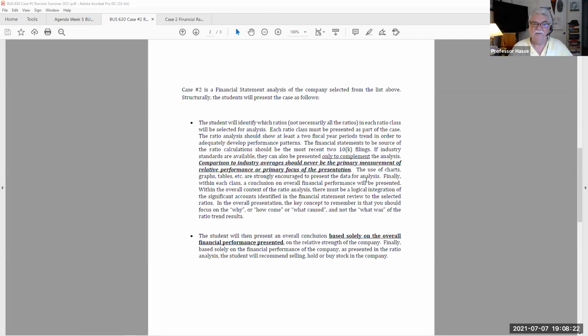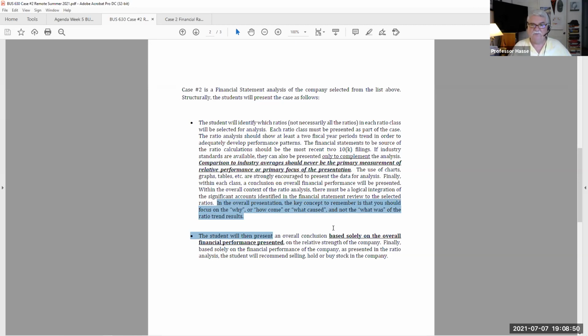Here's a key phrase from this case. In the overall presentation, the key concept to remember is that you should focus on the why or how come or what caused, not the what was, of the analysis, of the ratio or the trends you're seeing. Remember, trend analysis is comparing 1 year to the next.